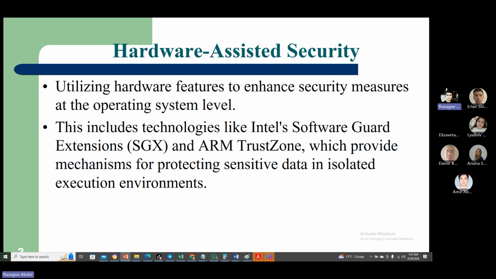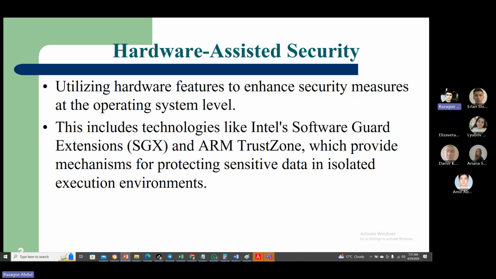First of all, we have Intel Software Guard Extensions. This is a set of security related instruction codes which are built into some Intel CPUs.